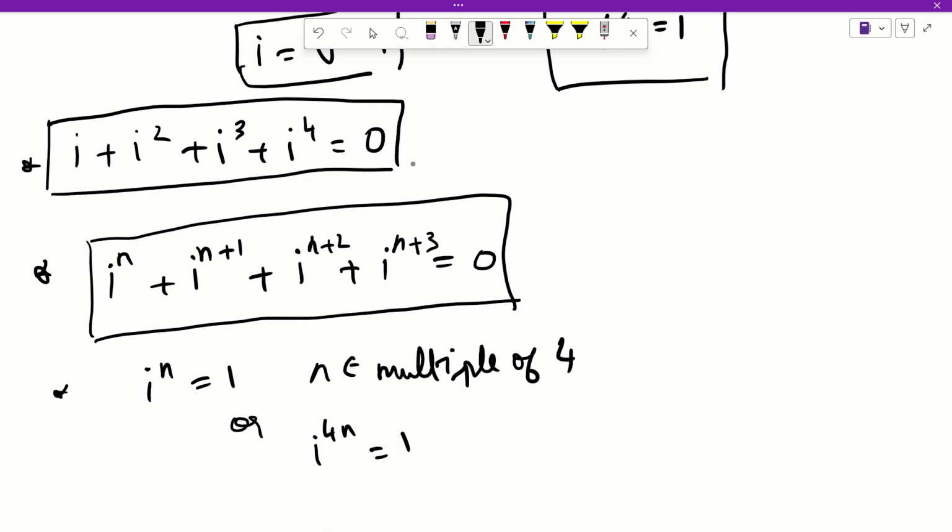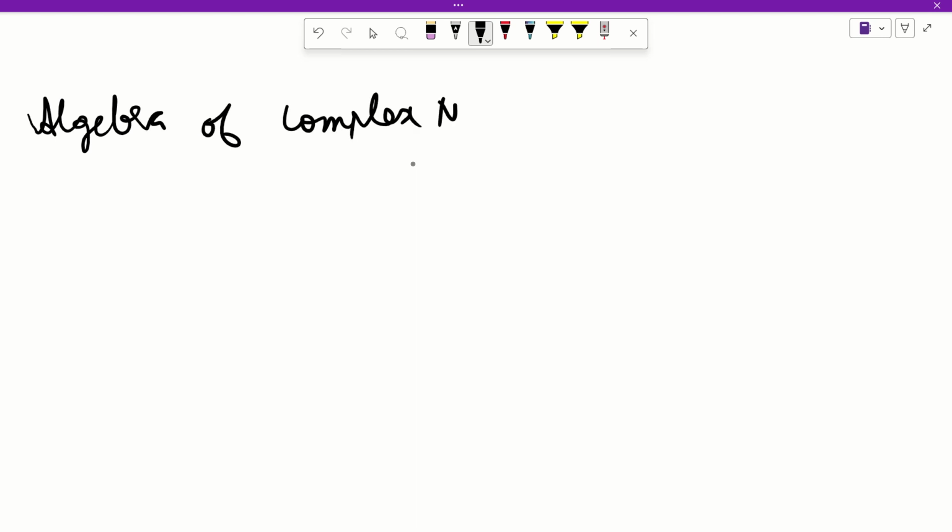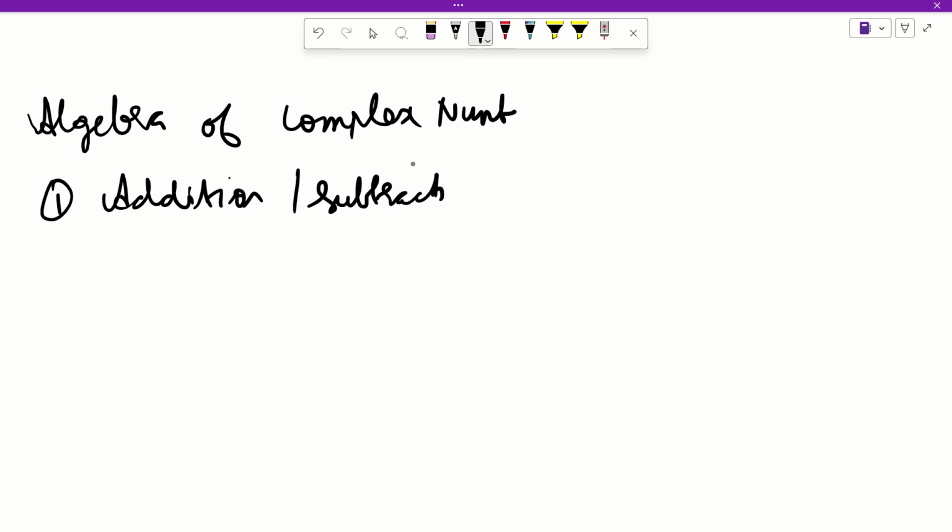Now let us discuss the algebra of complex numbers. First, addition and subtraction. Let's say we have two complex numbers, Z1 equal to x1 plus i y1 and Z2 equal to x2 plus i y2.